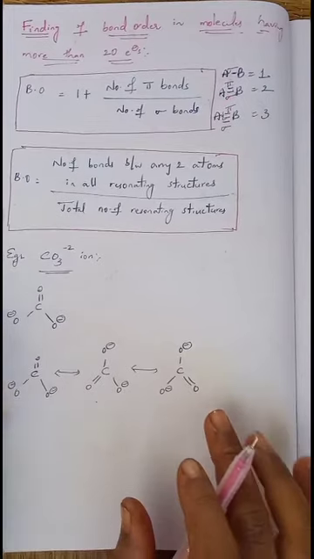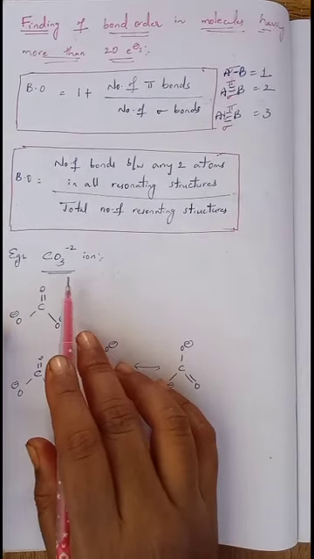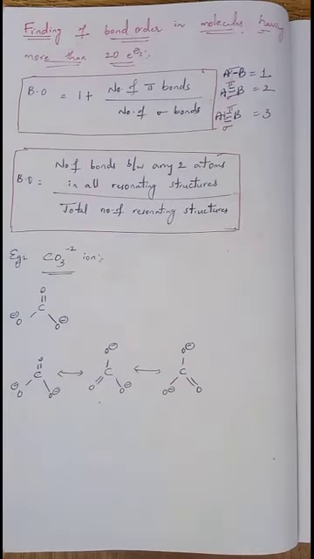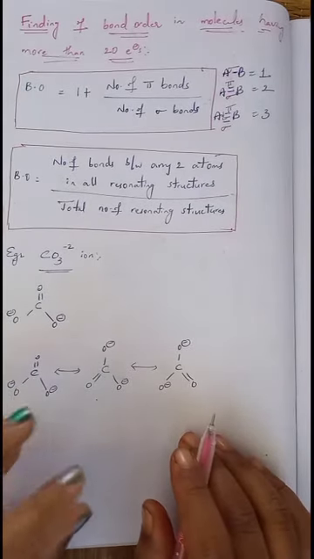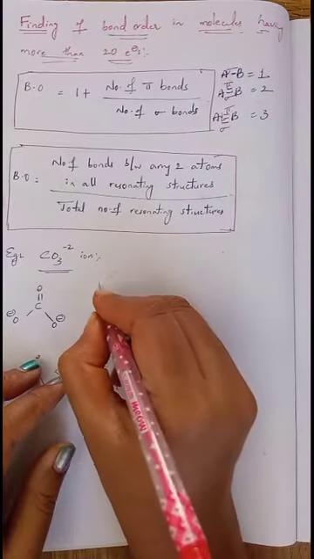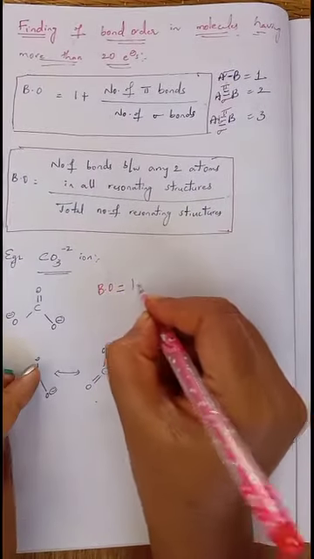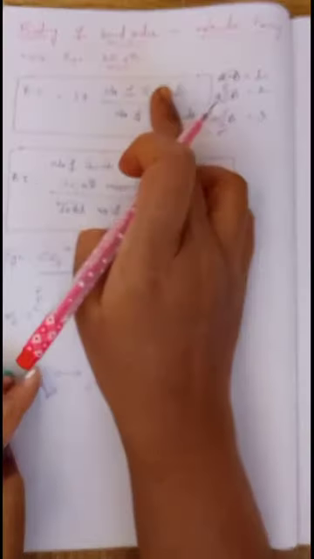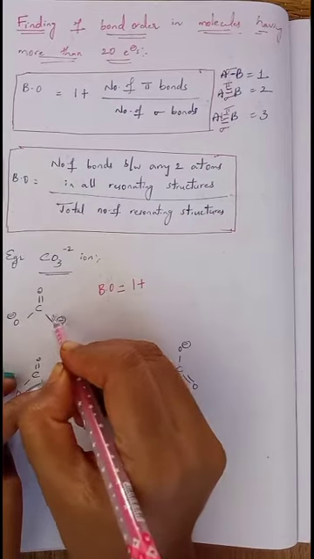Now we'll take one example. Here I am taking the CO3 2- ion. For the CO3 2- ion we want to find the bond order. We will follow the first formula. The bond order for this molecule equals 1 plus the number of pi bonds. Here a single bond is there, this is sigma.